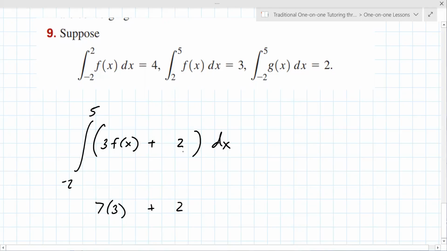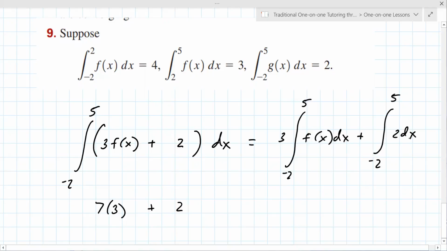So this 2, the antiderivative of 2 is really 2x. Do you remember that? You're really supposed to separate these. It's supposed to be 3 times the integral from -2 to 5 of f of x dx plus the integral from -2 to 5 of 2 dx. And yes, the first one is absolutely 7 times 3. But for this one on the right, there's a couple of ways you could do it. You could use antiderivatives, and the antiderivative would be 2x, and you would evaluate at the endpoints.